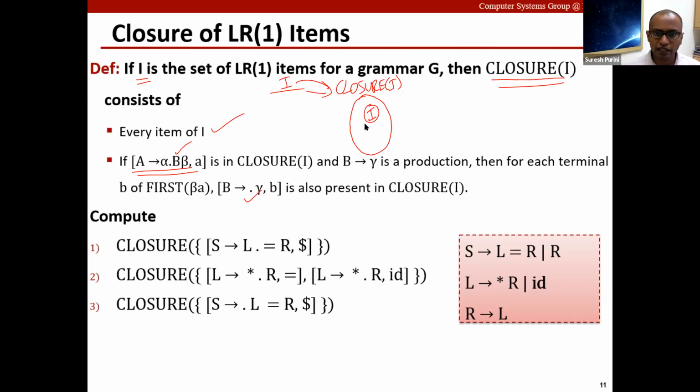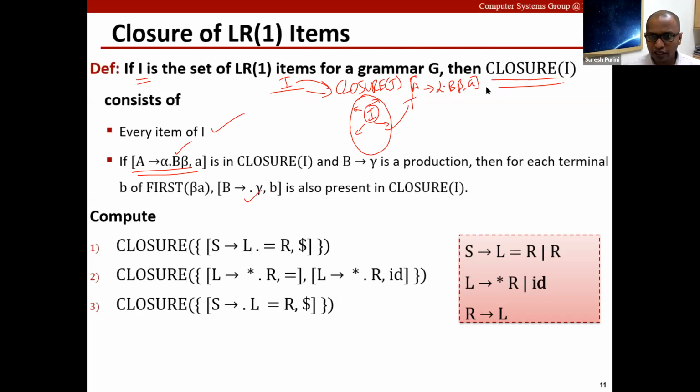How do we expand it? We take an LR1 item such as A goes to alpha dot B beta from the closure set. When we pick it from the closure set, it can be present in the base set I, or it can be present in the currently expanded set.